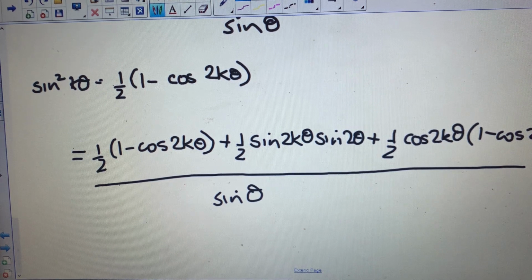Okay, I'm going to a new page now because I think I've done quite a lot of writing there. So I'm now going to take out the factor of a half on the numerator.